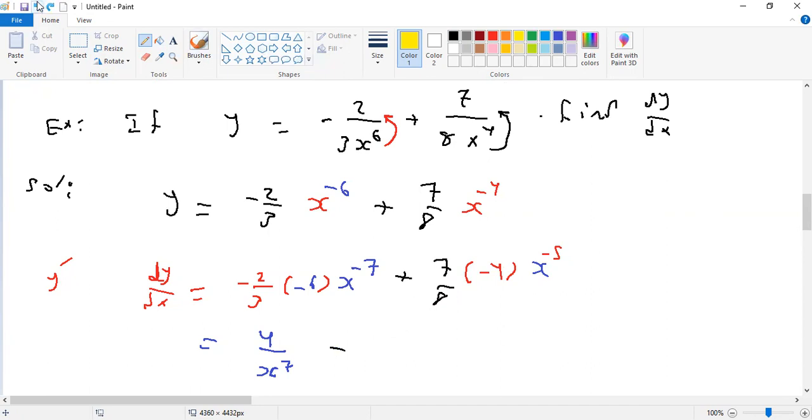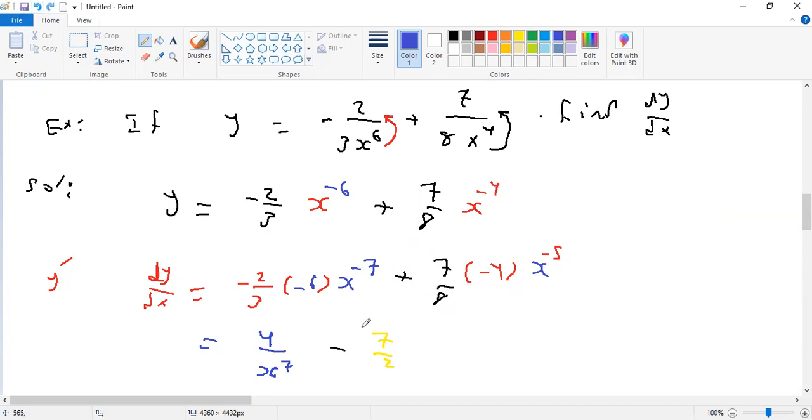All of them can be written as negative, positive, negative, and it will be 7 over 2. Sorry, the marker problem. So 7 over 2. Now the multiplication of this one: negative times positive is negative. Then what about x? X to the power negative 5.